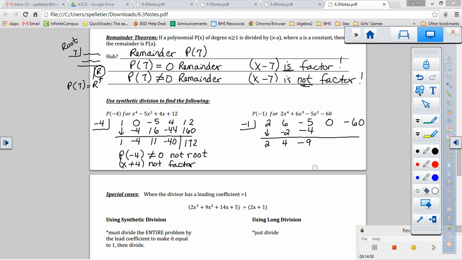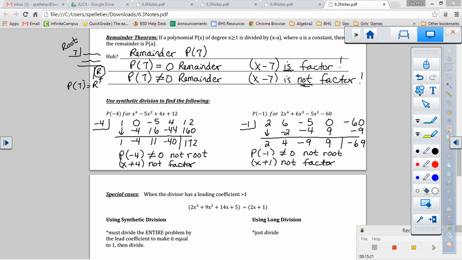Combine gives you -9. -9 times -1 is 9. 9 and 0 is 9. 9 times -1 is -9. Combine to get negative 69. Again, P of negative 1 does not equal 0, so it's not a root, and x plus 1 is not a factor. It would have to equal 0 in order for it to be a factor.